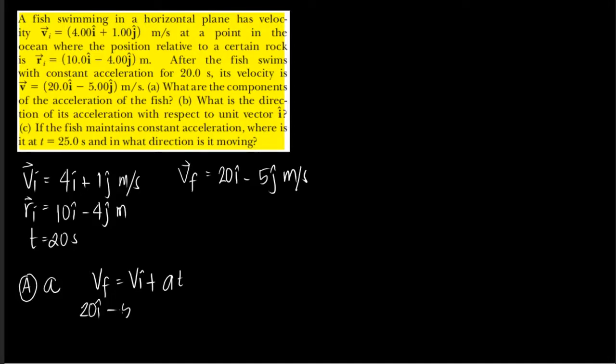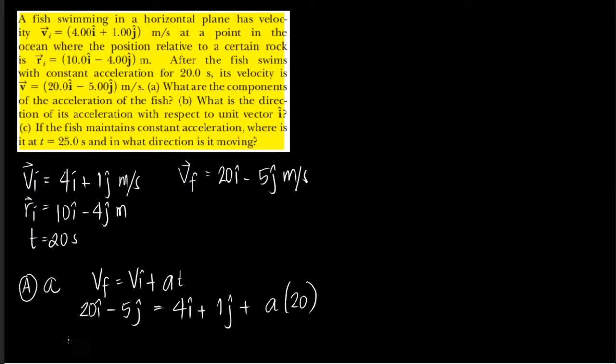20i minus 5j equals 4i plus 1j plus a, and our t is 20 seconds. So you can see that, treat your i and j as variables, so you can combine like terms.